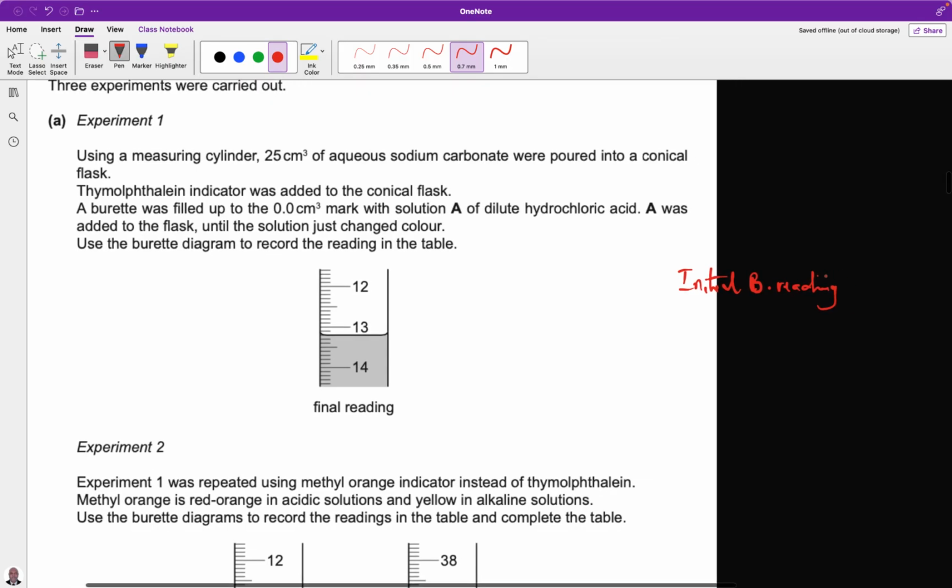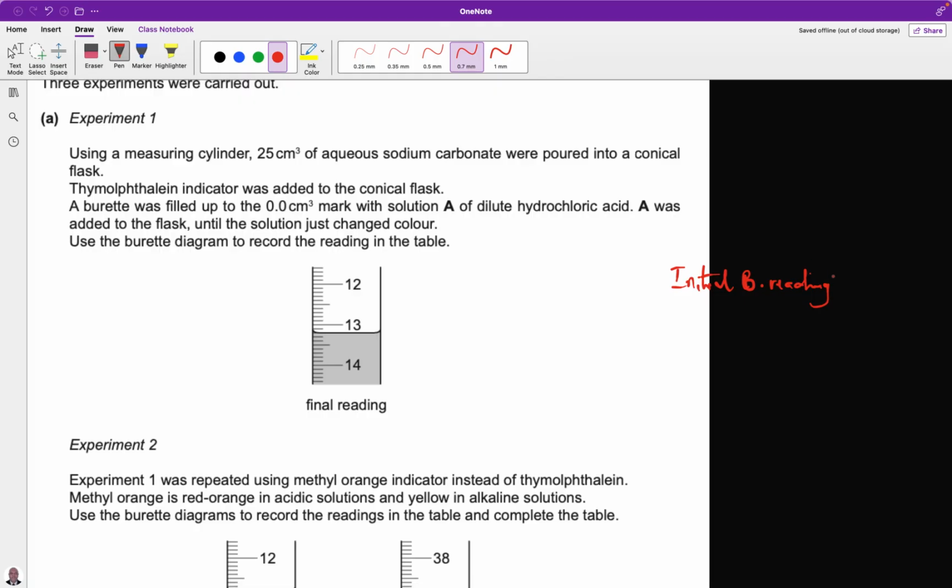Your initial burette reading was, a burette was filled up to what? 0.0 cm3. So your initial burette reading was 0.0 cm3.